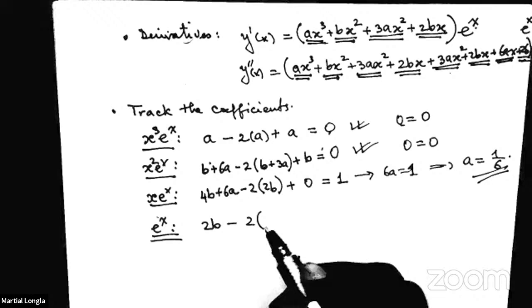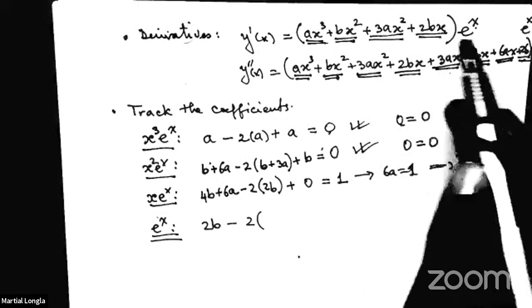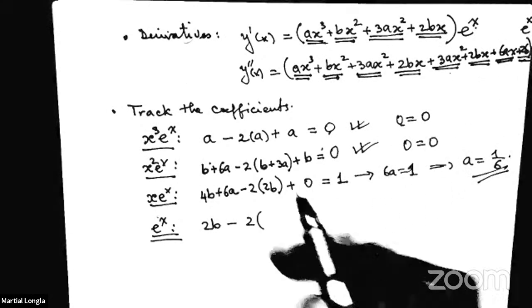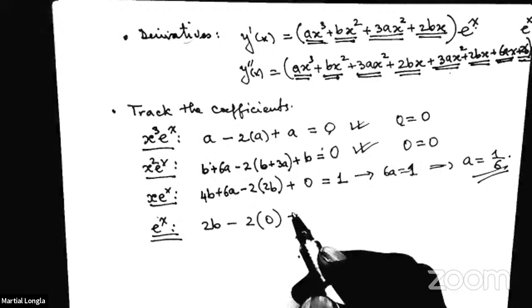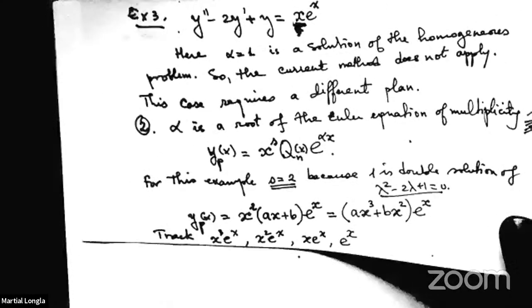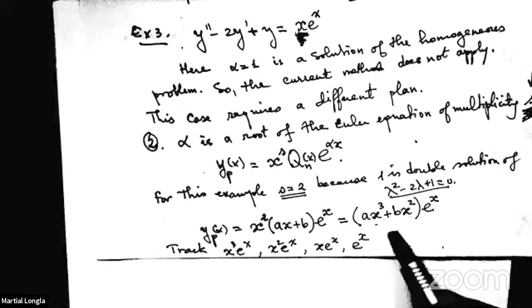Minus 2. I go to the derivative, look at the coefficients of e to the x. There isn't. There's nothing there. So that's 0. We go to the original function that we are using in this problem. That's this. What's the coefficient of x e to the x? There isn't.